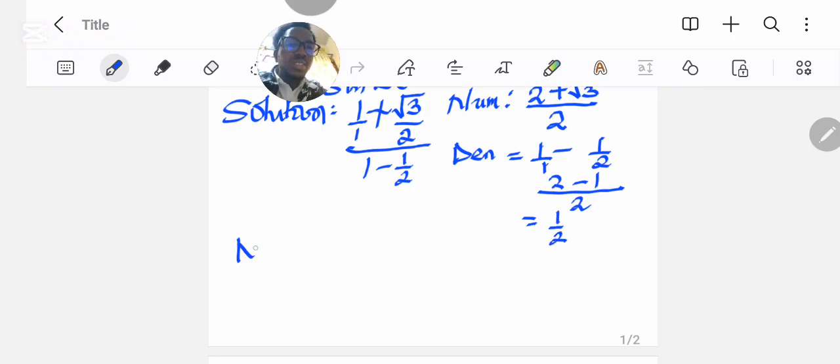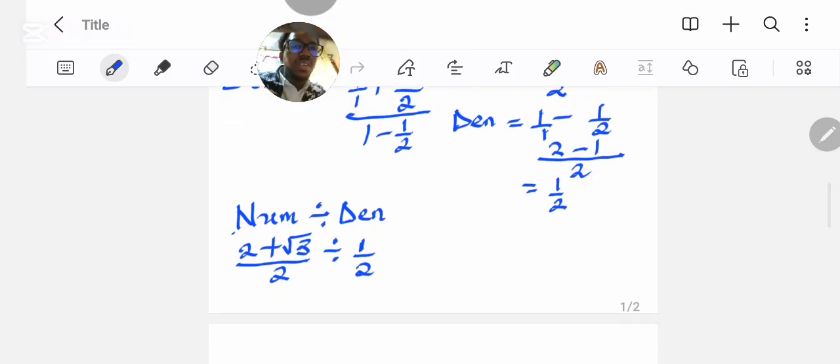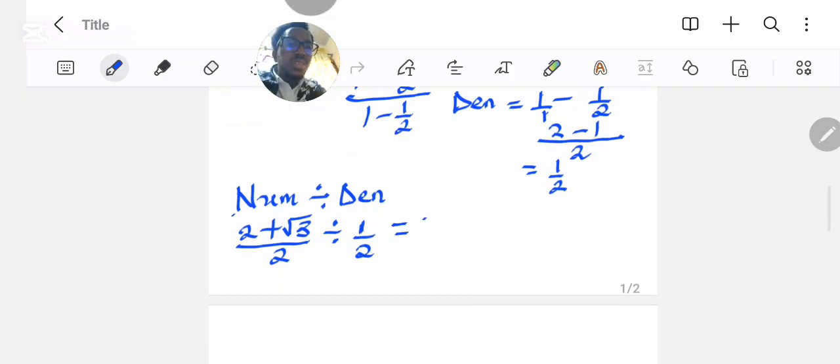So let's combine the numerator divided by the denominator. For the numerator, we got 2 plus root 3 over 2, divided by 1 over 2. From here, this can become 2 plus root 3 over 2 times 2 over 1.